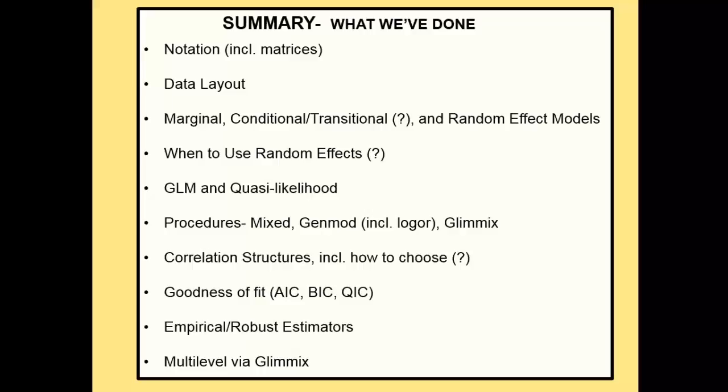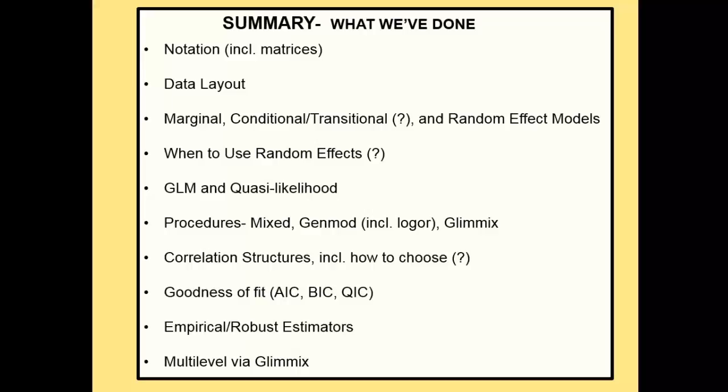So one issue that we've talked about briefly is that if you have a GlimMix model that doesn't have any random effects, and you have a GenMod model that doesn't have any random effects, and the model you're dealing with is a marginal model, will they give you the same answer?